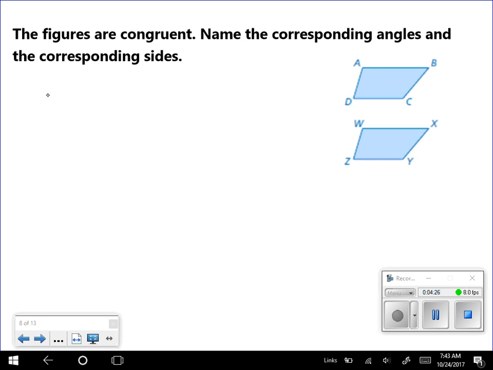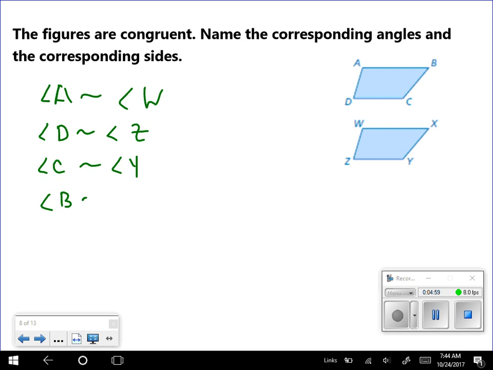So angle A, and this squiggly line here means corresponds with, angle W. Then angle D corresponds with angle Z. And angle C corresponds with angle Y. And angle B corresponds with angle X. So we got all the angles.